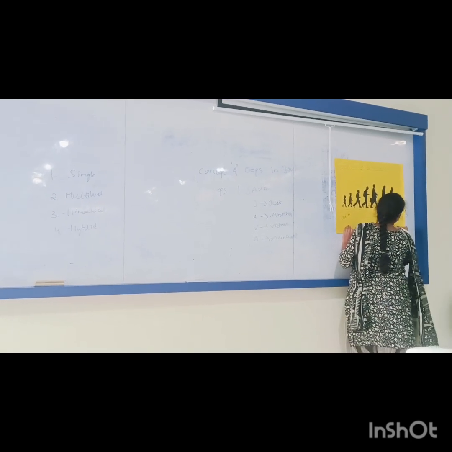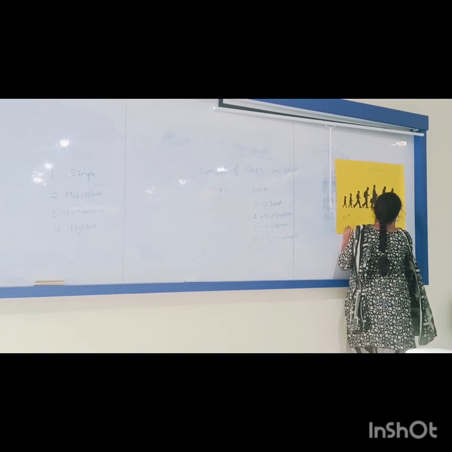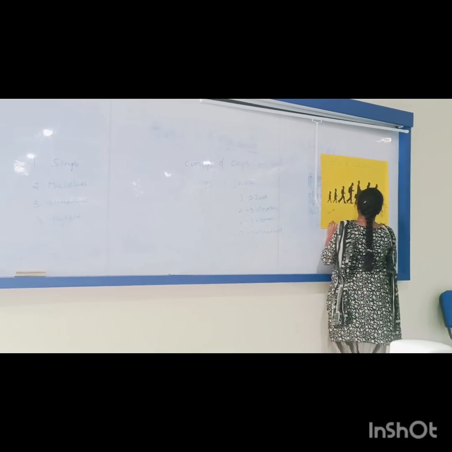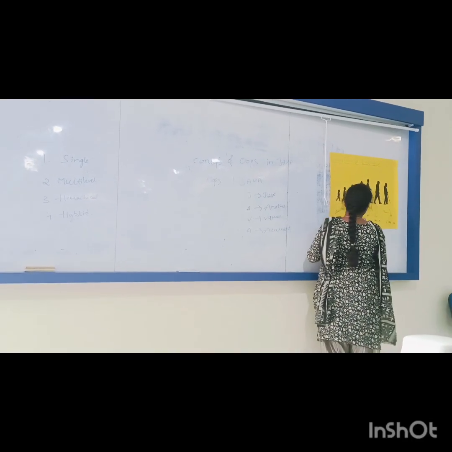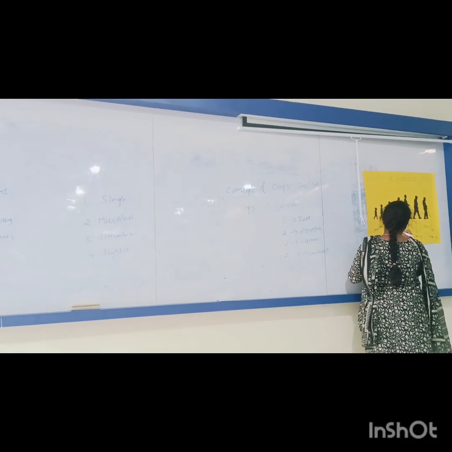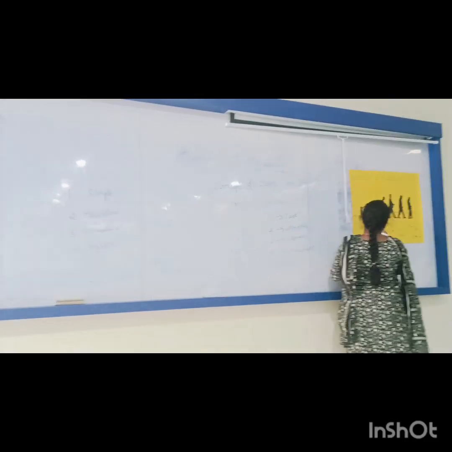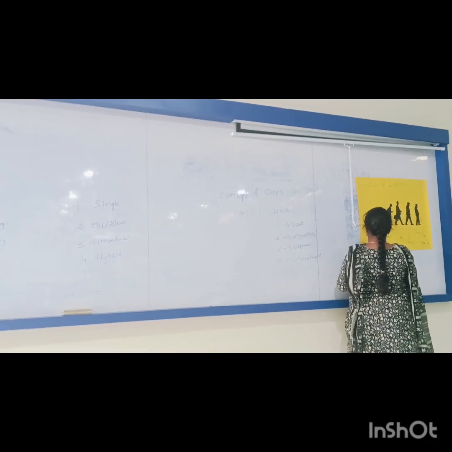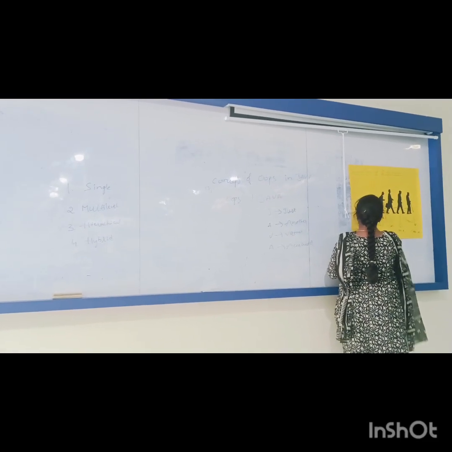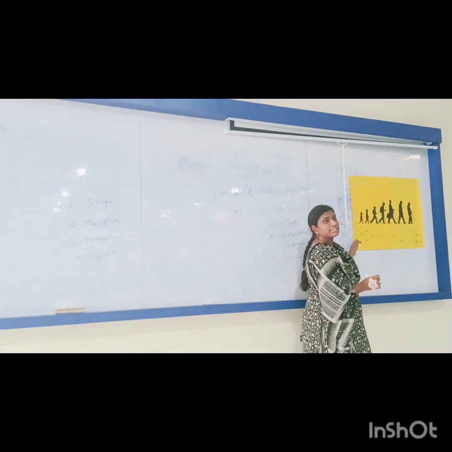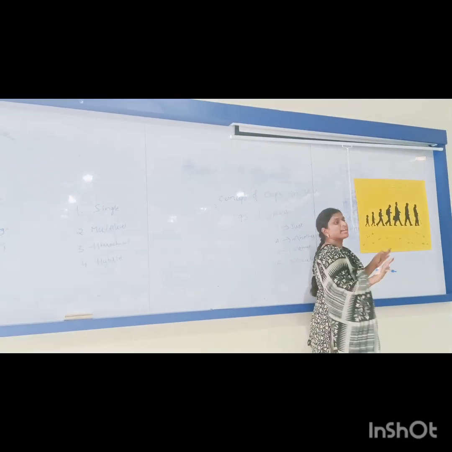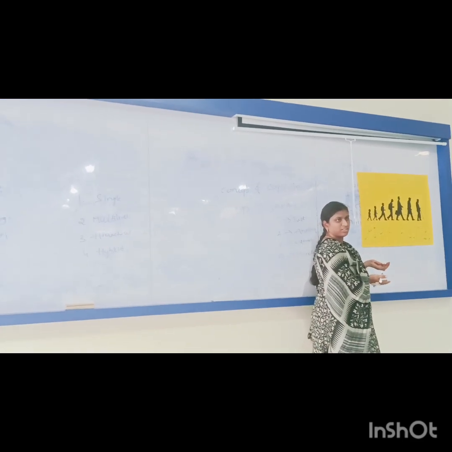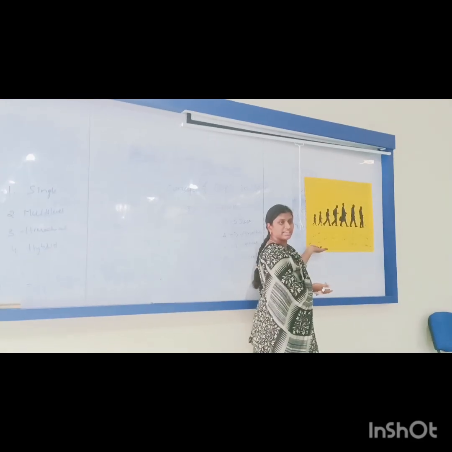For example, class A, class B, class C, class D, class E, class F, class G. How many classes are there? 7 classes. These 7 classes are not all parent classes; there are also child classes. This is the example for inheritance.